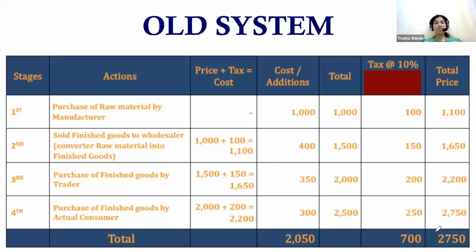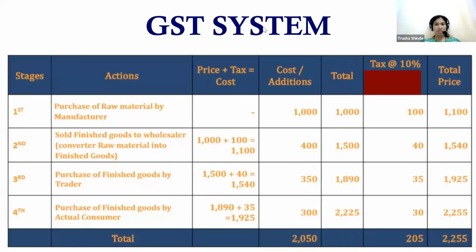Now the same system, if we see in our system, that is your GST system, you could observe that the amount has come to 2255. Earlier I have discussed this GST system.